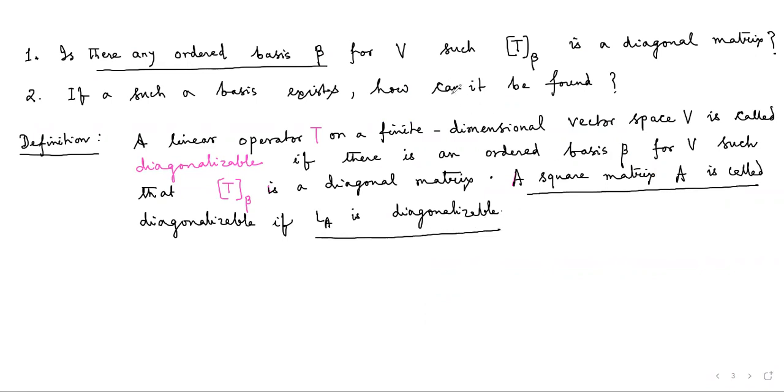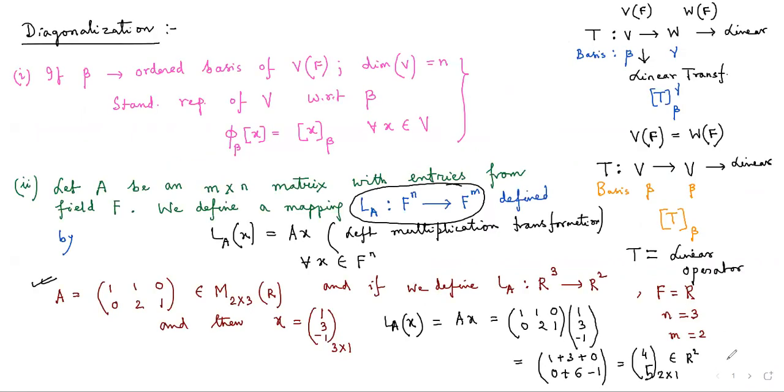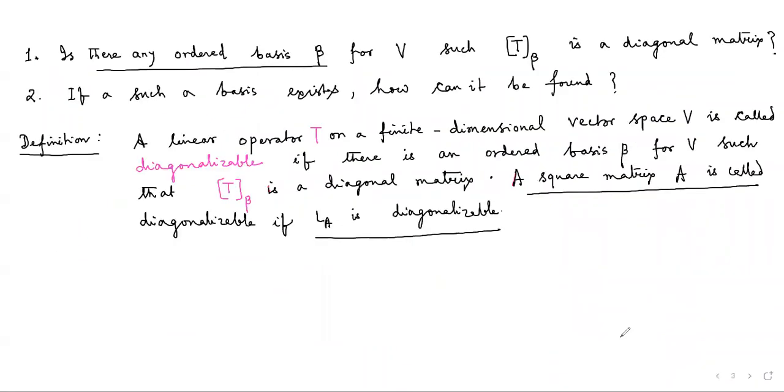LA is the matrix representation, which is defined in the following manner. This is the representation of LA. And its corresponding matrix capital A is diagonalizable if the linear transformation LA is diagonalizable. So the two things are actually similar.